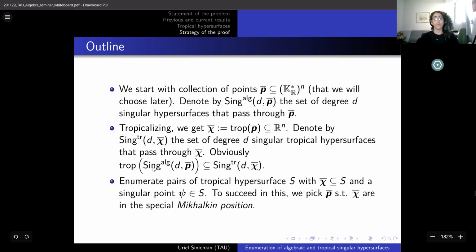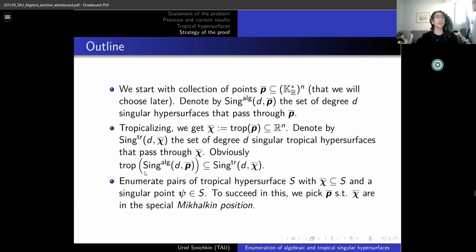Because this map from here to here is many to one, a tropical hypersurface in this scenario can have many tropical singularities coming from different classical singular hypersurfaces. So different classical hypersurfaces tropicalize to the same tropical hypersurface, but their singularities tropicalize to different points.